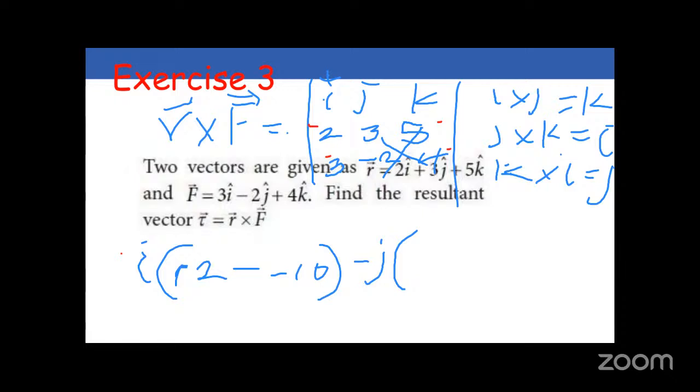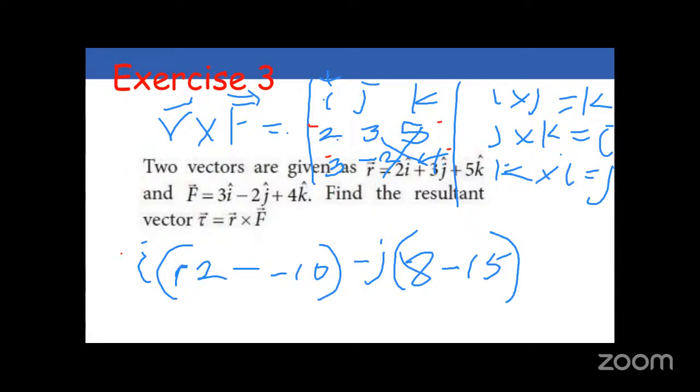So that will give 2 times 4, which is 8, minus 3 times 5, which is 15.